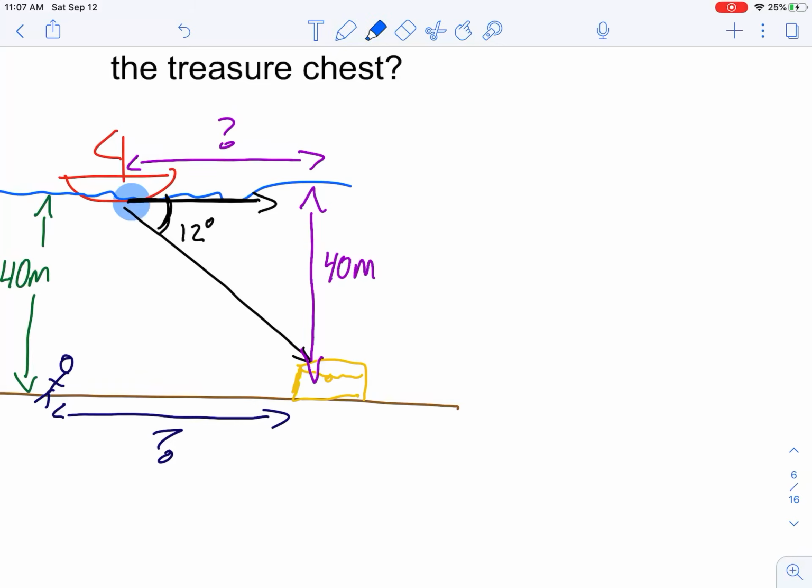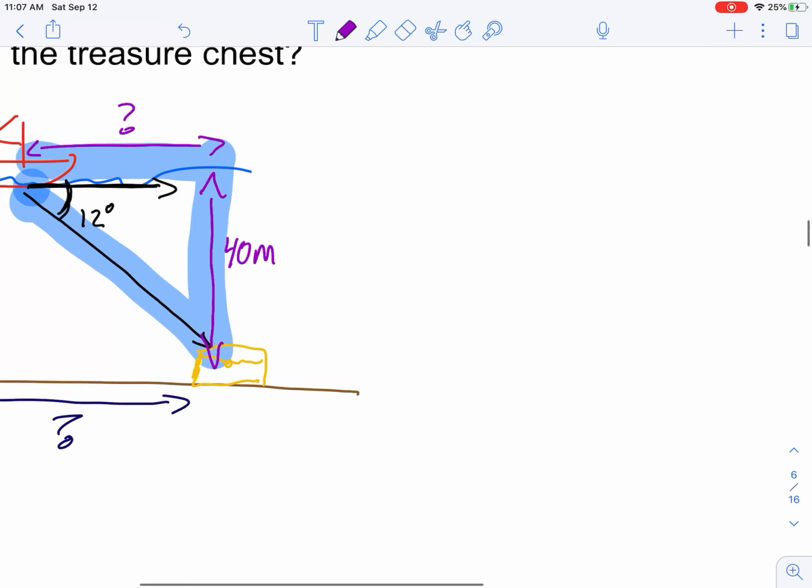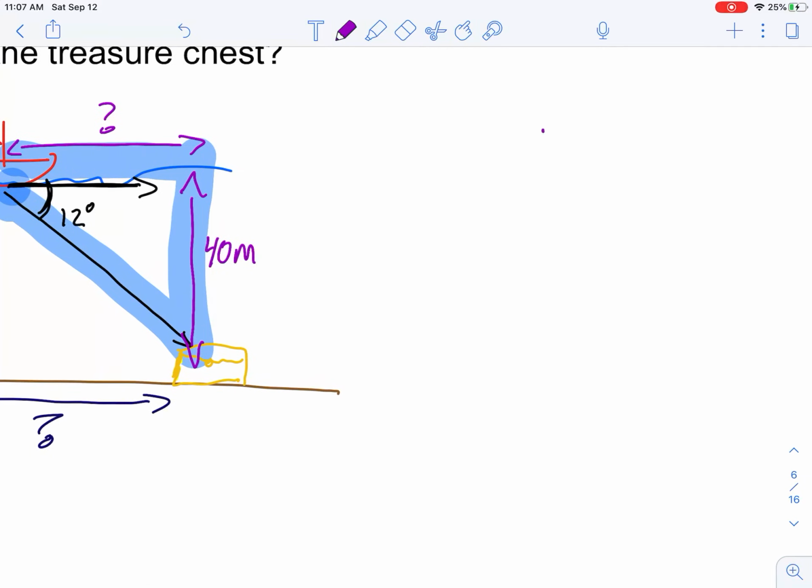So I'm going to take this triangle out, I'm going to highlight it and draw it just in a very simple manner. Okay, obviously try and draw it nicely. Okay, I'll erase that a little bit.